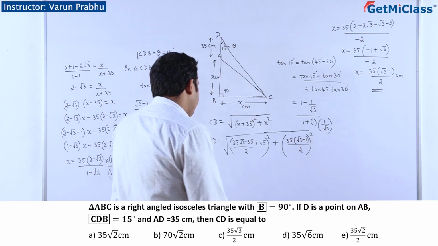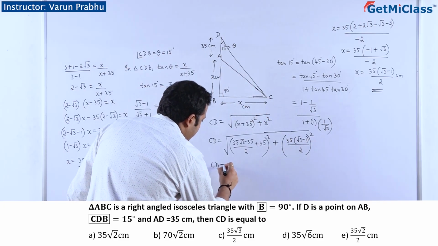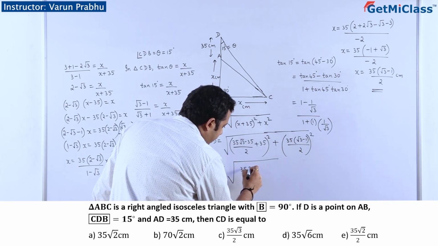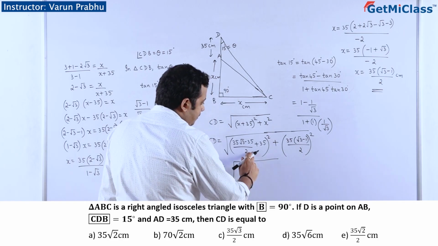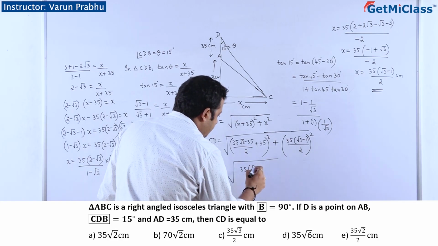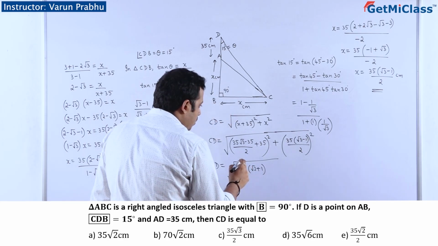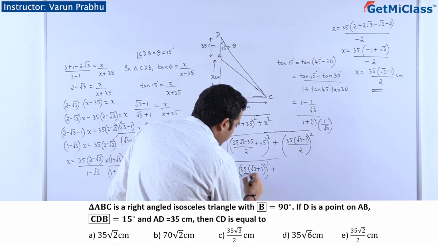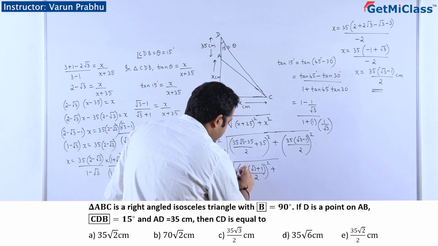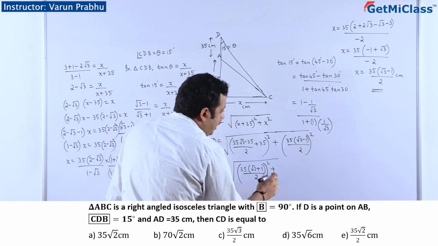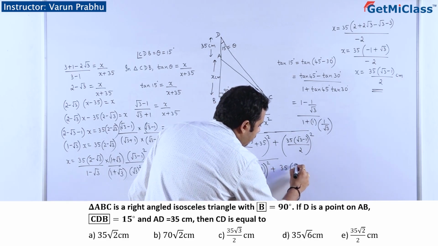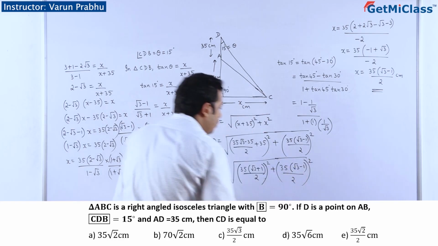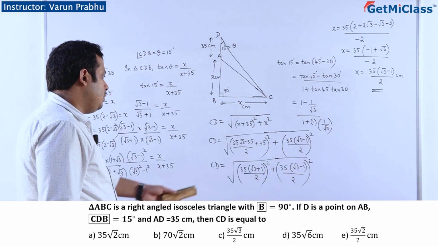So we can write CD is equal to square root of 35 times root 3 plus 1 divided by 2, the whole square, plus 35 into root 3 minus 1 divided by 2, the whole square.